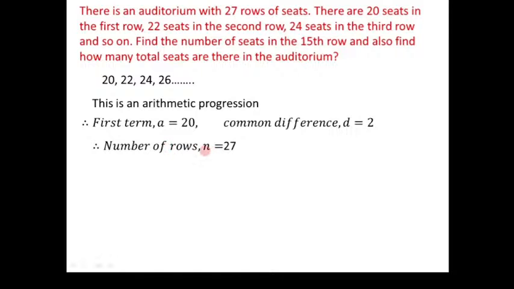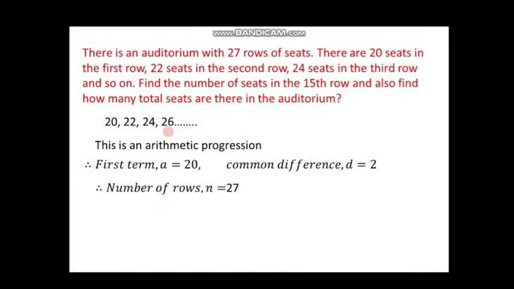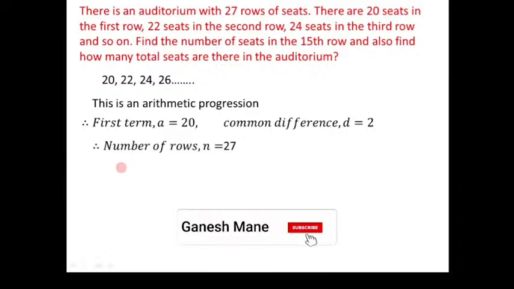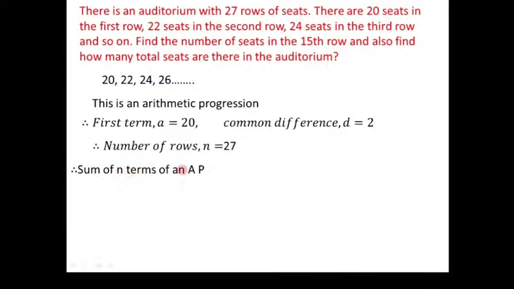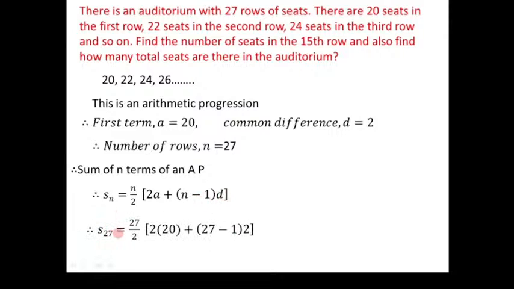That means we can treat this as number of terms in this AP. Now we have to find the total number, that's why we have to use the formula for sum of n terms of an AP. The formula is Sn is equal to n by 2 into bracket 2a plus n minus 1 into d. So S27 is equal to n by 2, that means 27 by 2 into bracket 2 into a, that is 2 into 20 plus n minus 1, that is 27 minus 1 into 2.